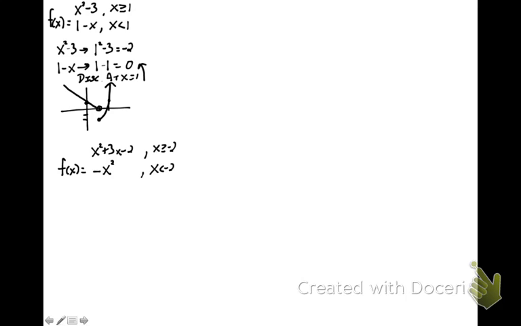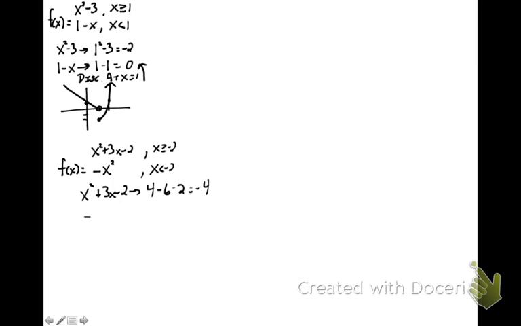Notice that if we test what's happening at the value of x equals negative 2, we have x squared plus 3x minus 2, which will become 4 minus 6 minus 2, or negative 4.